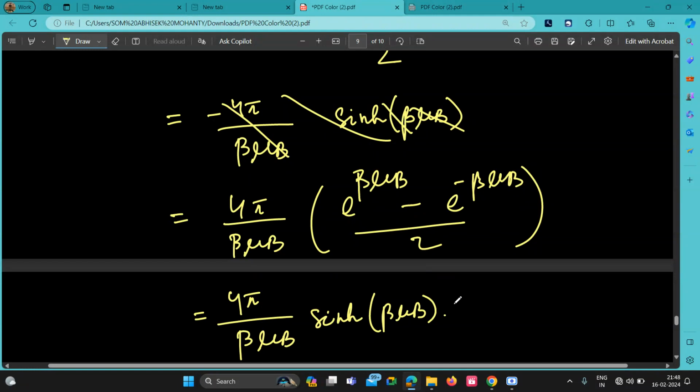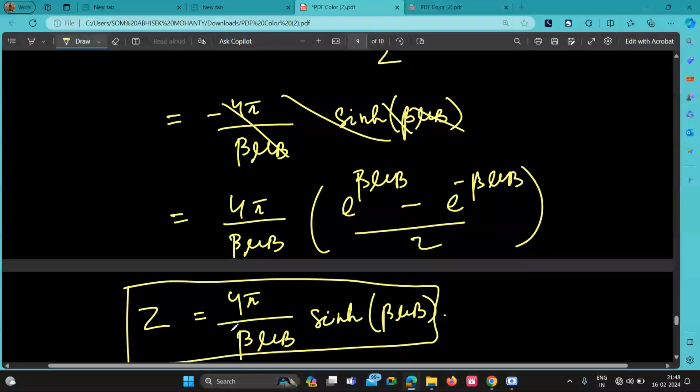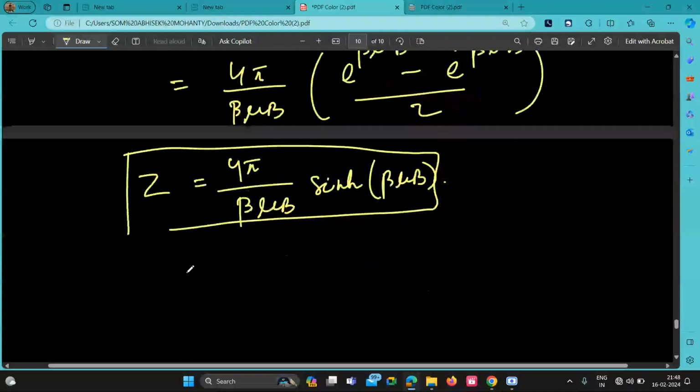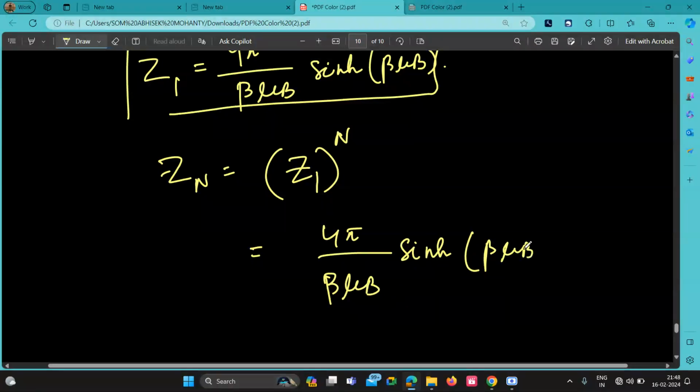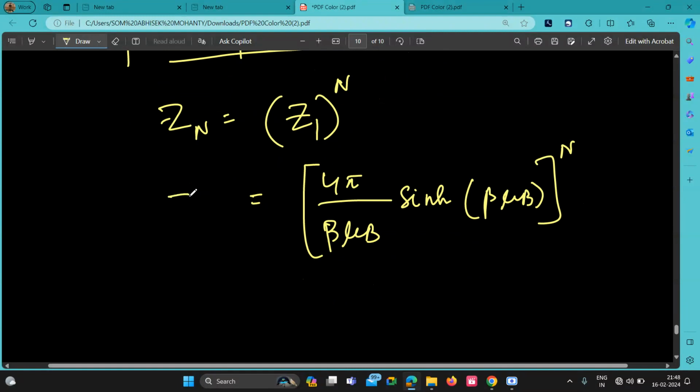Okay, so this is what exactly? This is a partition function only. But for distinguishable particles, Zn is equal to Z1 to the power n. So 4 pi by beta mu b sine hyperbolic beta mu b, to the power n. Yeah, this is your partition function.